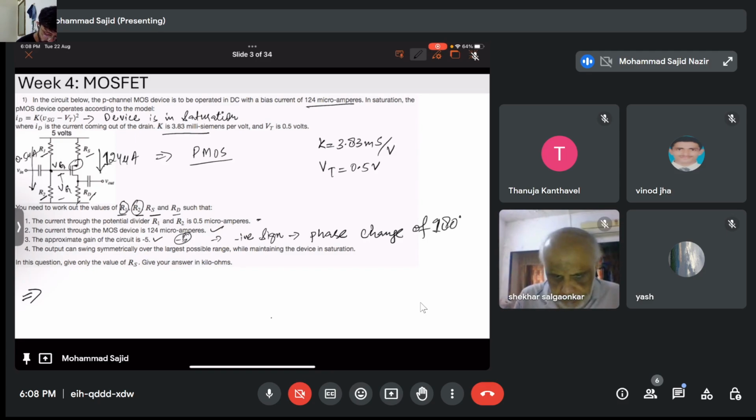Okay, and one more important piece of information given is the output swing.